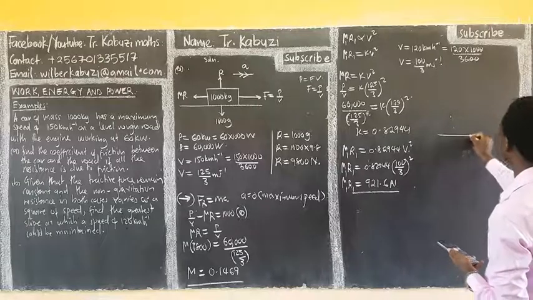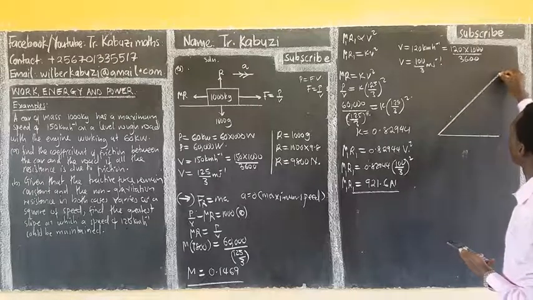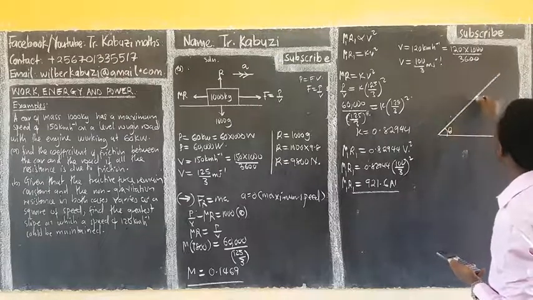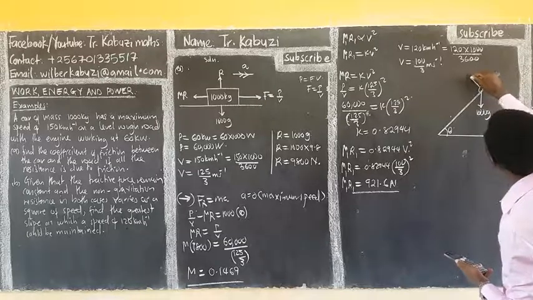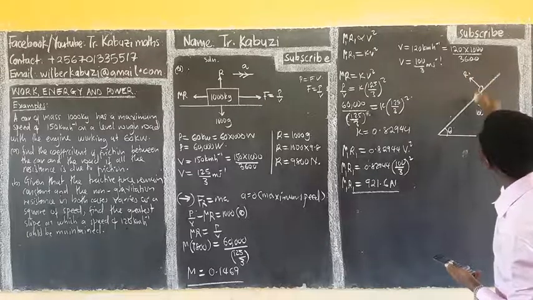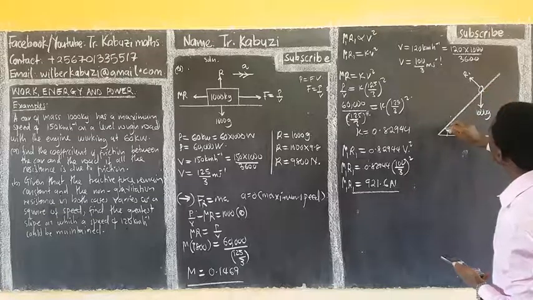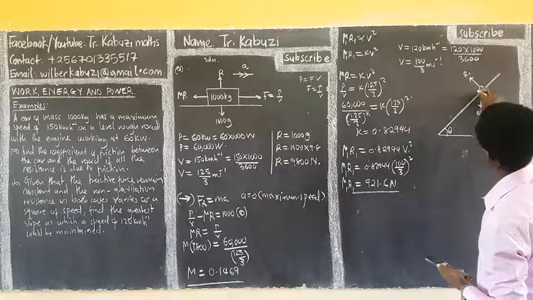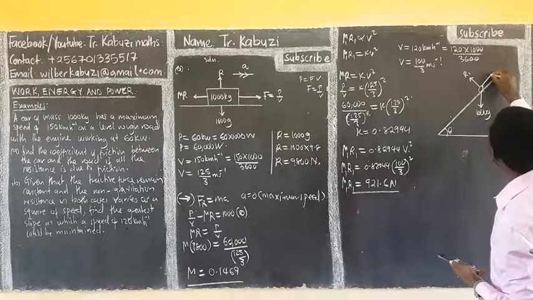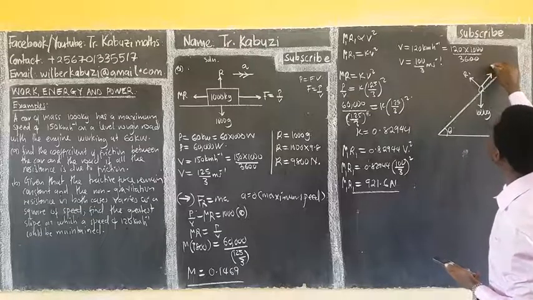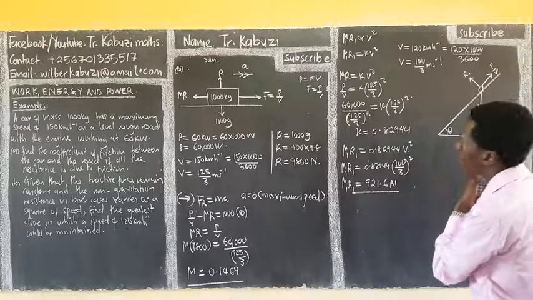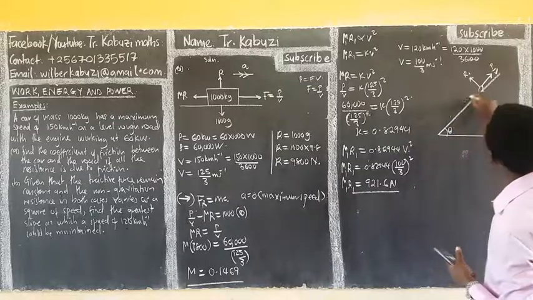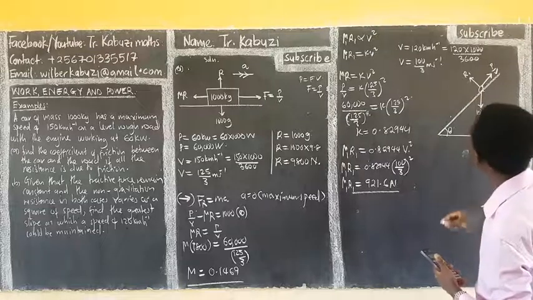Now if I'm to sketch the new diagram, remember we want this angle theta. This is going to have still 1000g. Now this is going to be our R1, the new friction. Then the force is still pulling it, because realize that this one remains unchanged, it's constant, because of course you can't change the power of the engine just because you are slow getting up the hill.